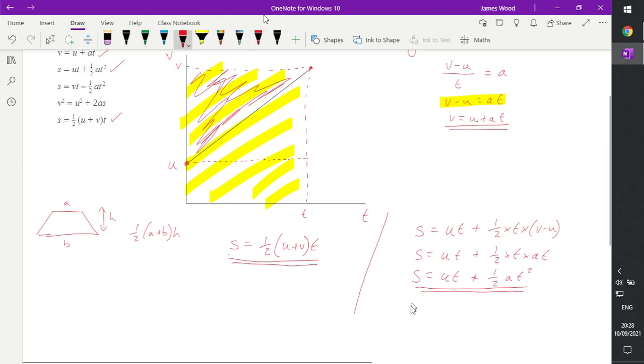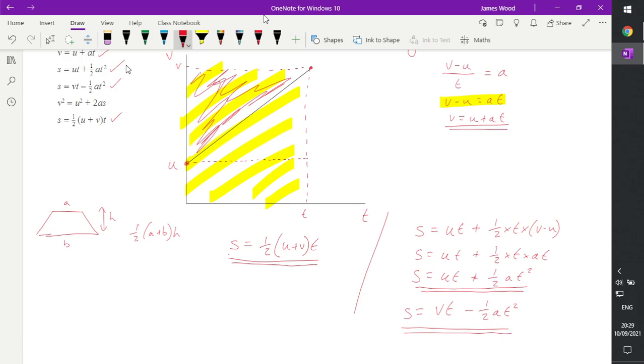So the way that I could do that would be S equals, well, the big rectangle now, so the taller rectangle would be vt, and I want to subtract that triangle, and actually that triangle is the same size as the other triangle that we worked out a minute ago, which was equal to half at squared. So we can get this equation here, which is the big rectangle minus that triangle. And that gives us the next SUVAT formula, s equals vt minus half at squared.